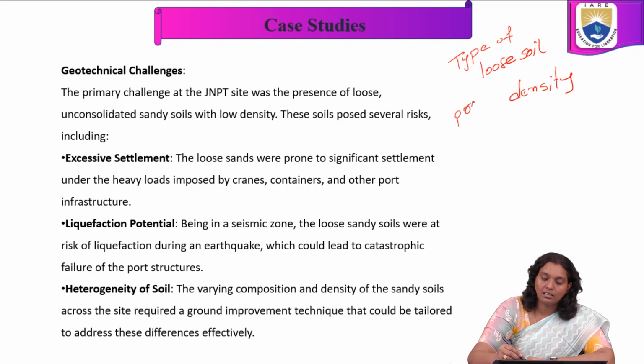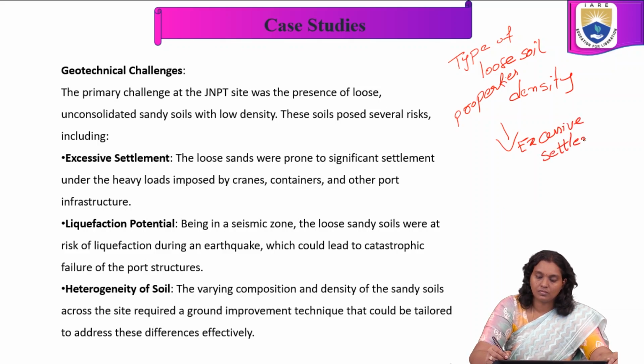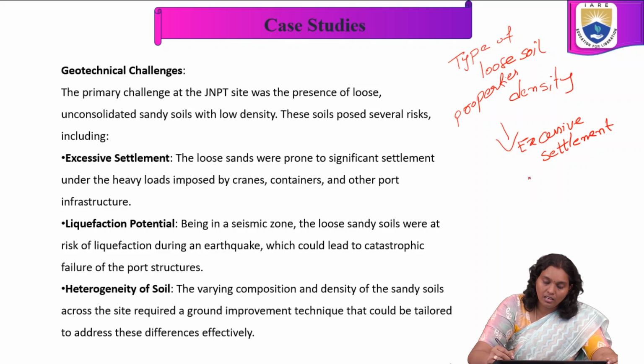The properties are, what kind of properties, density. And these soils pose what kind of results? The risks including what kind of risk we are getting, that is excessive settlement and liquefaction potential because of the loose soil and heterogeneity of the soil.